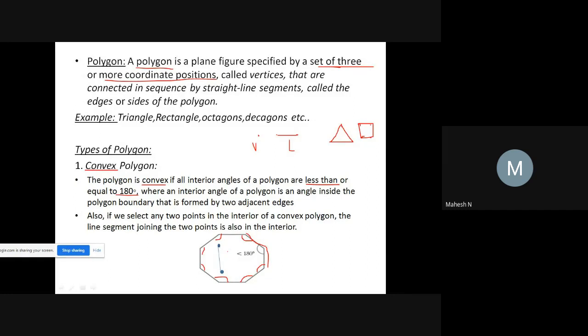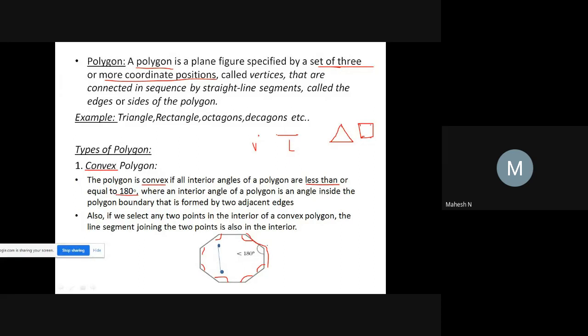The next property is, if you take any two points inside the convex polygon, the line joining the two points will also be inside that polygon only. Next I will show a concave polygon where this gets violated.